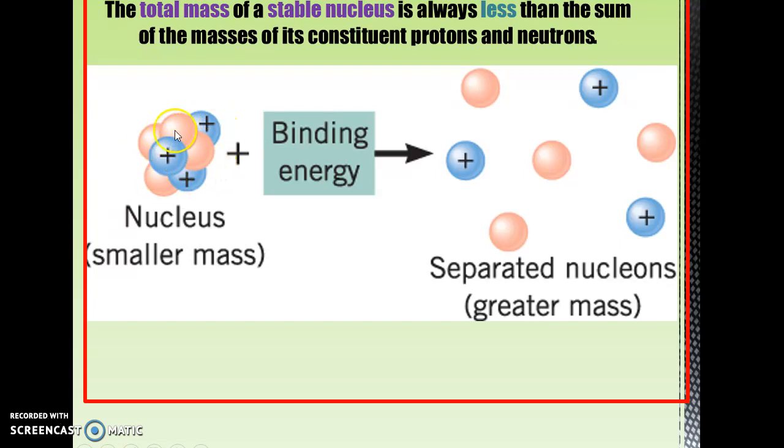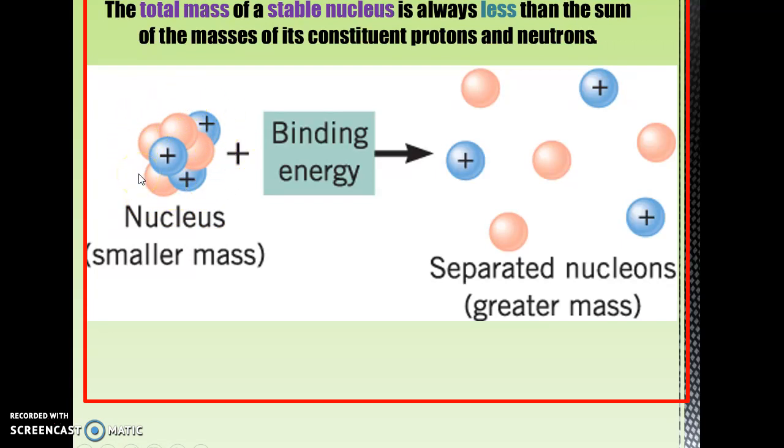And in order to break it apart, because it is a stable nucleus, it is not a radionuclide, it's not radioactive, we'd need to add binding energy to it, which is basically just energy, in order to break it up into its 3 protons and 4 neutrons separately. So if you added the mass of that plus the mass of that plus the mass of that and so on, as separate entities, this would have a greater mass than if you put all of this together. This would have a smaller mass in the nucleus.